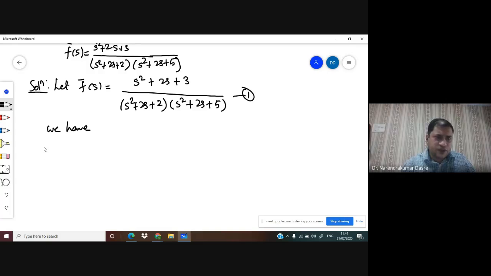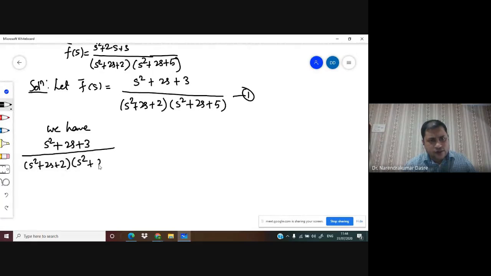So, what is the term we will be having here? s square plus 2s plus 3 upon s square plus 2s plus 2 and s square plus 2s plus 5. Please be careful while writing s and 5.